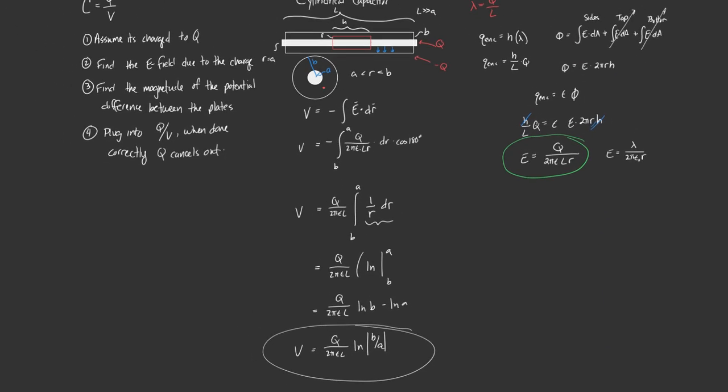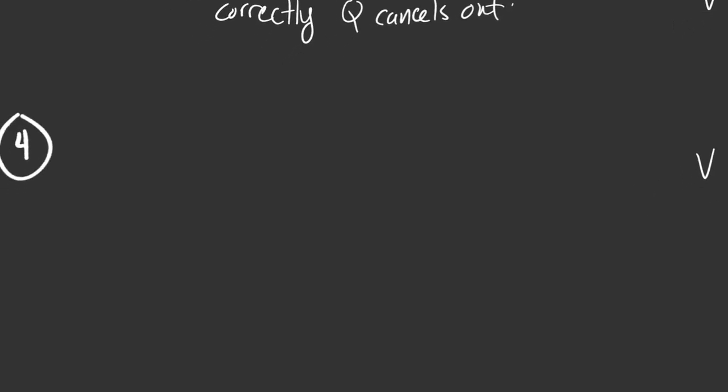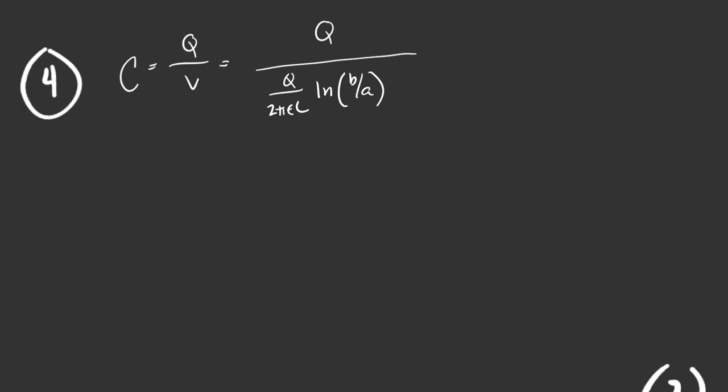So, of all the things we had to do, remember, this was step 1, step 2, step 3, and now step 4. Put it into our equation for capacitance. So, our equation for capacitance is C equals Q over V. So that's Q over 2 pi epsilon L times the natural log of B over A. We can probably do a little algebra here to clean this up.